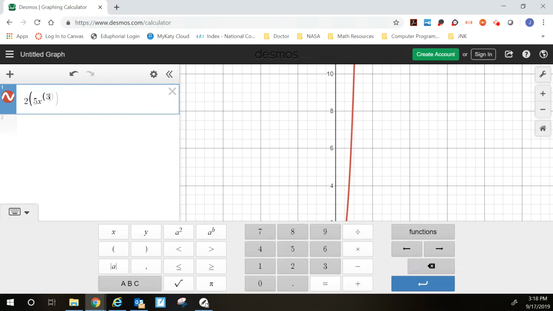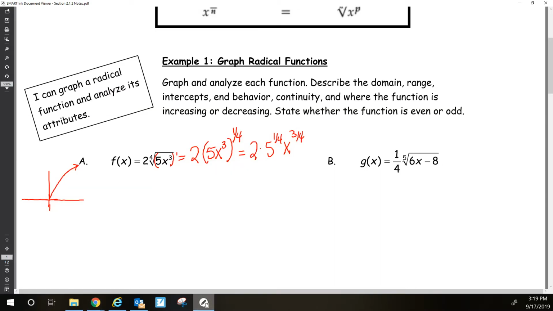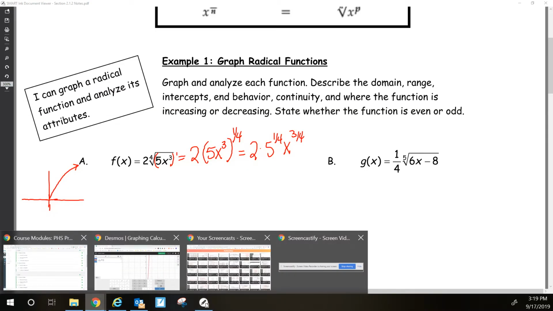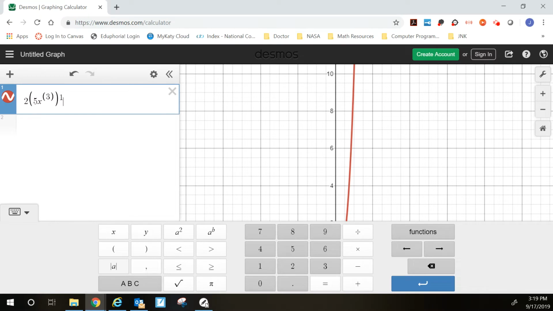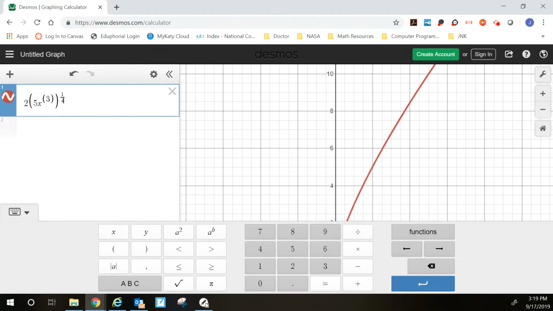No, that's not right. 5x cubed, close up parentheses, close the second parentheses. Sorry about that. Raised to the 1/4 power. I'm all kind of discombobulated now. There's a tropical storm coming too. Did you see that? All right, let's see if I can get this right. I think we're there.